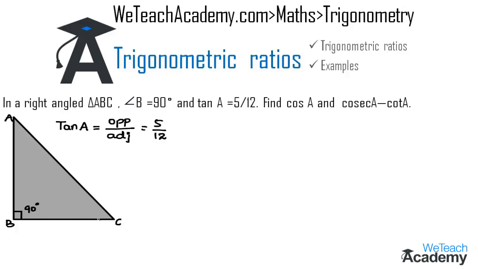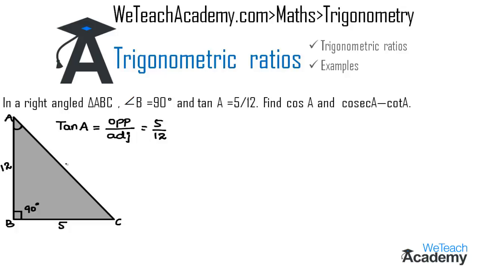The given angle is A, and the side opposite to the angle is said to be the opposite side. So we get BC as the opposite side, which is equal to 5, and AB as the adjacent side, which is 12.